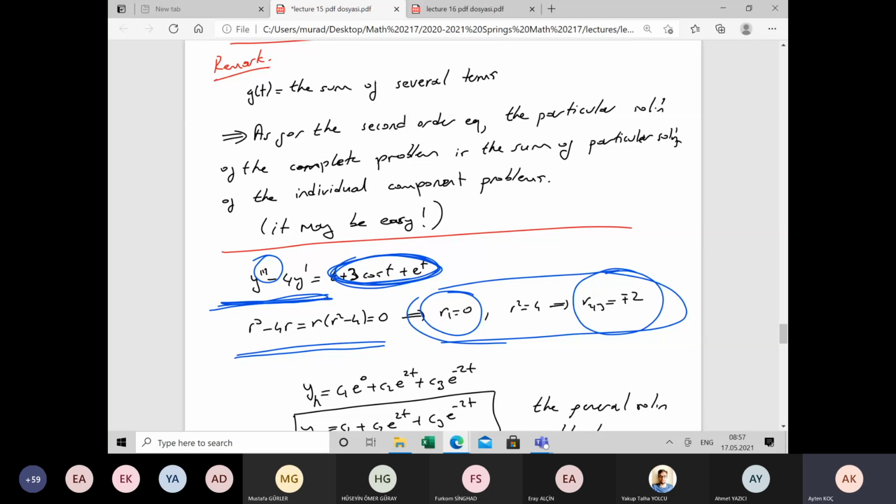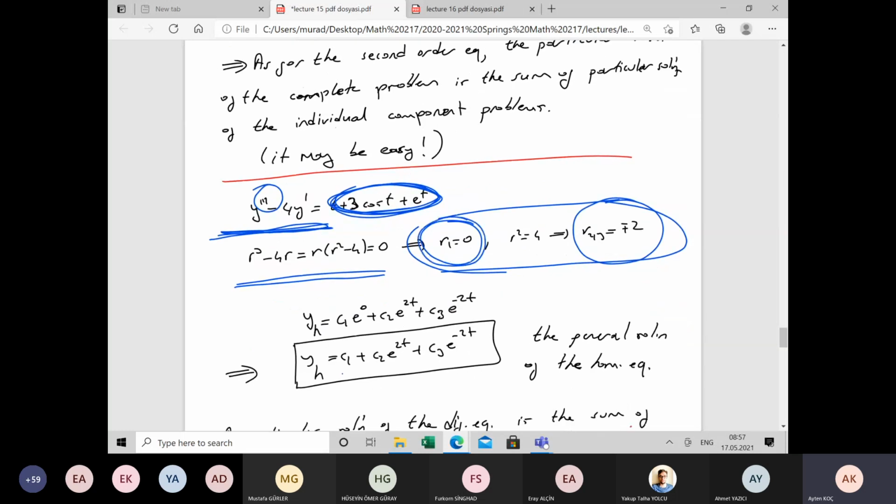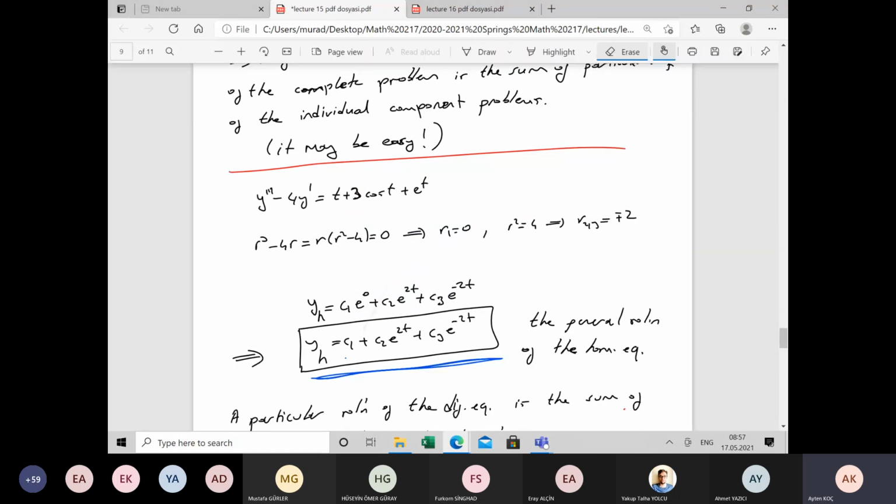It's okay. So this one gives the first solution, and the second one, and the third one. It's okay. So this is the general solution of the homogeneous part. Yes. Now let's construct the particular solution.